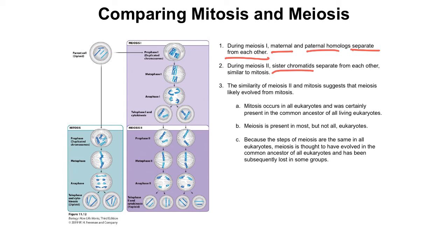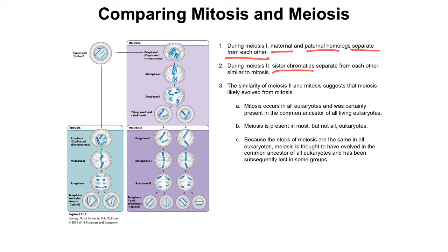Third, the similarity of meiosis: there are some mechanical similarities in all of the stages, but most strikingly, meiosis II and mitosis are very much identical to each other.